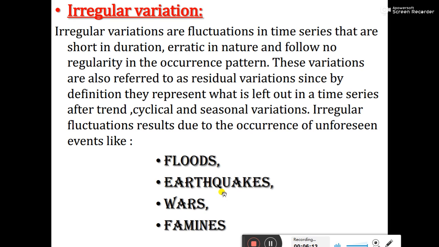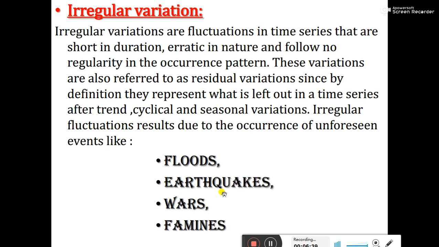There may be other variations in the time series, like irregular variations. Irregular variations are fluctuations in a time series that are short in duration, erratic in nature, and follow no regularity in the occurrence pattern. These variations are also referred to as residual variations, since by definition they represent what is left out in the time series after trend, cyclical, and seasonal variations.